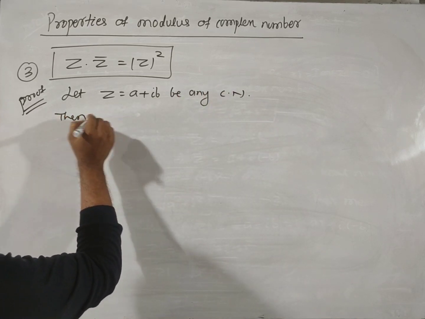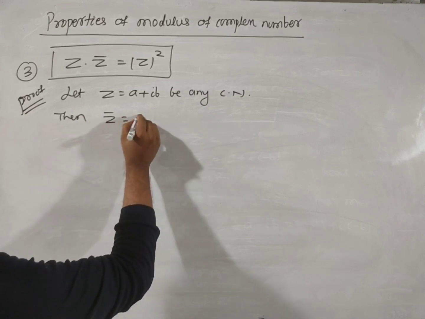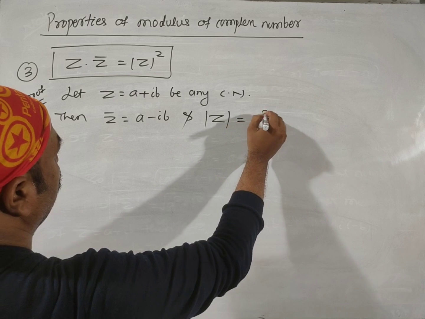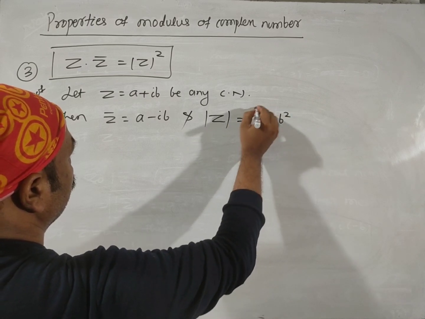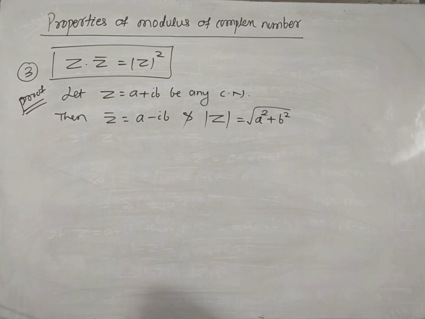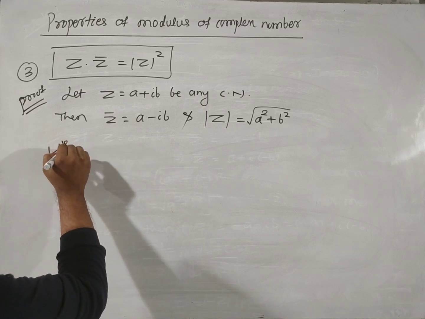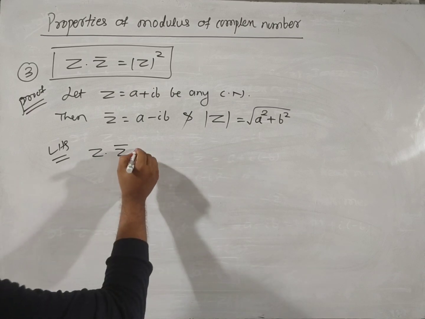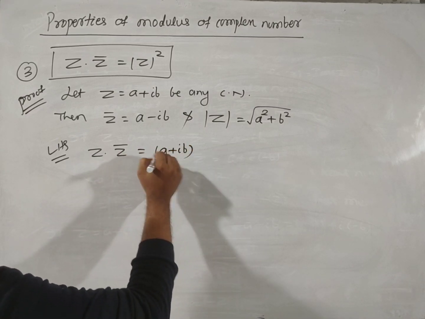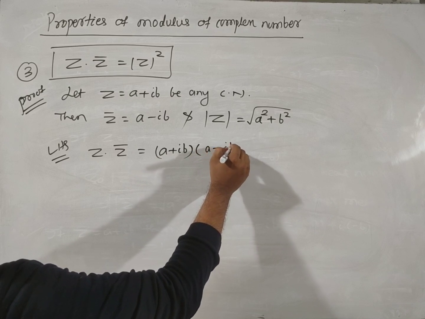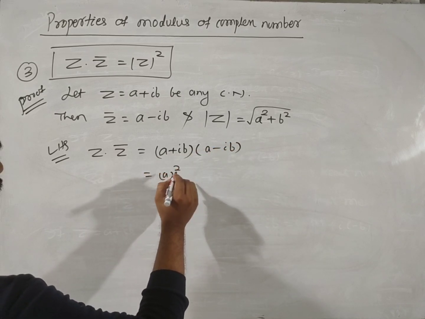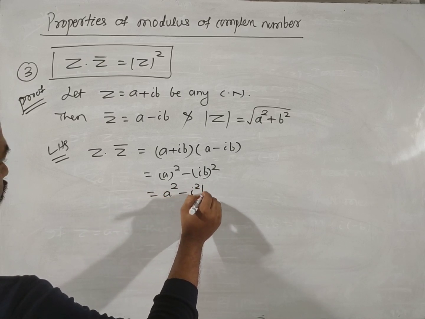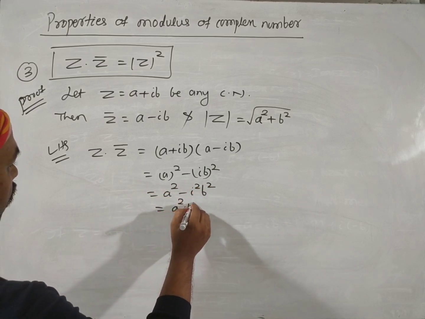Then Z conjugate is equal to a minus ib, and modulus of Z is equal to square root of a square plus b square. Left hand side, the multiplication of Z with the conjugate of Z, it is a plus ib multiplied with a minus ib. It is whole square of a minus whole square of ib. So it is a square minus i square b square, that implies a square plus b square.